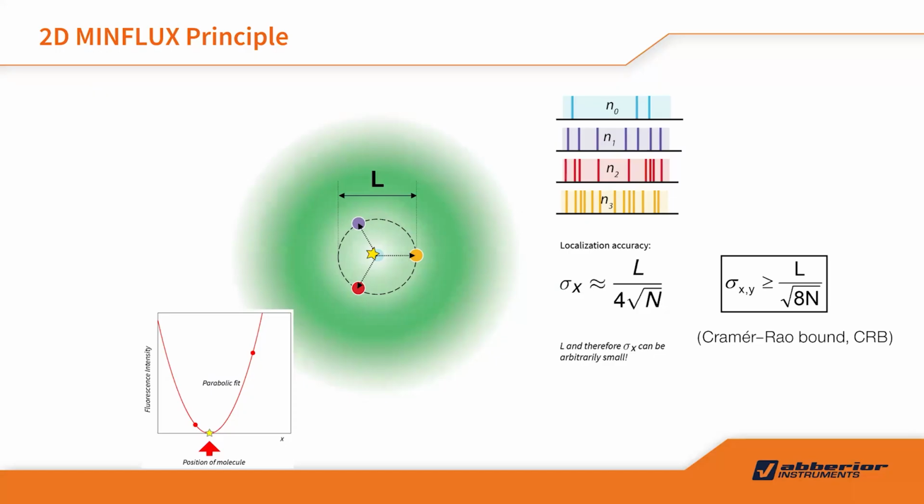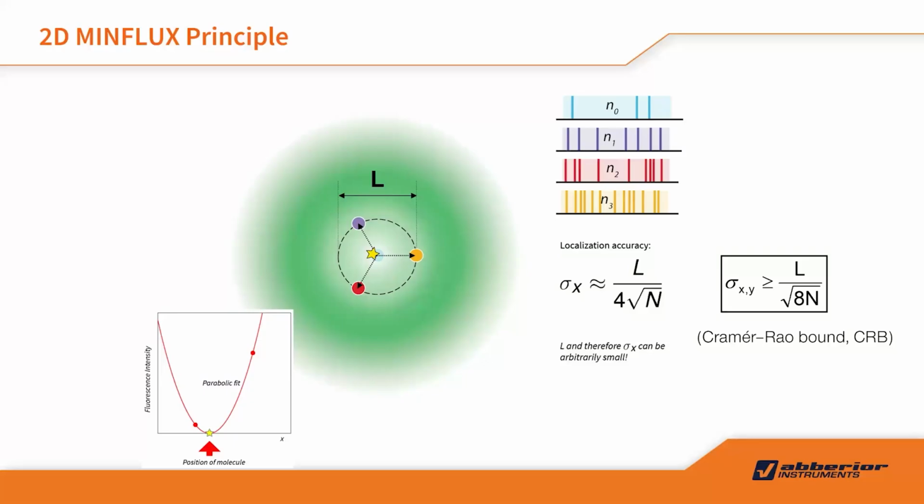Why is it very important? Because in all the other microscopes, you try to get as many signal photons as possible, right? You want to have a high signal-to-noise ratio. You use the Gaussian maximum to try to excite your photons. And then you have all the problems like bleaching, like vibration, like all these kind of things. You have to fine-tune your STORM buffer. While now in MINFLUX, it's so clever.